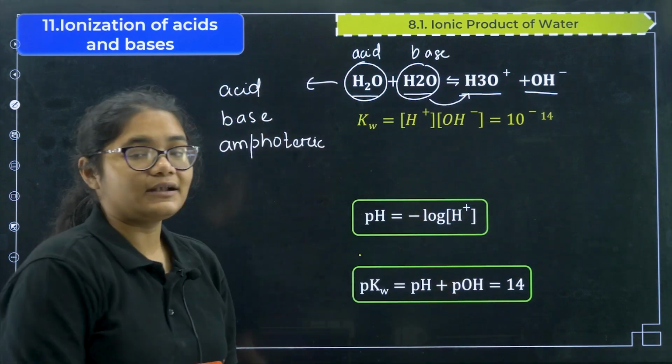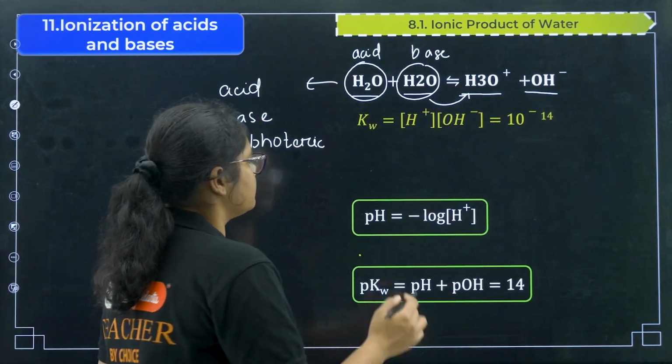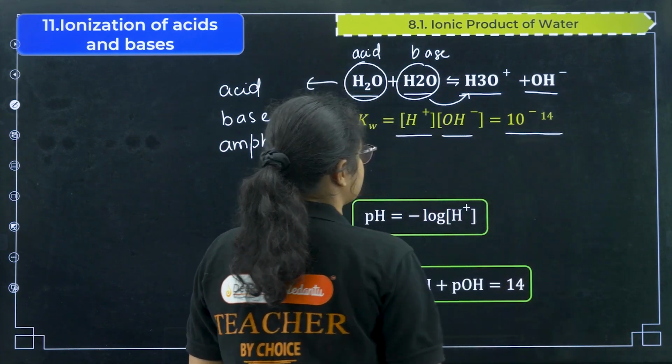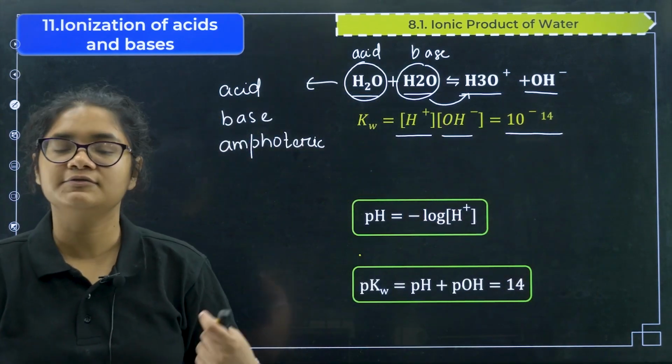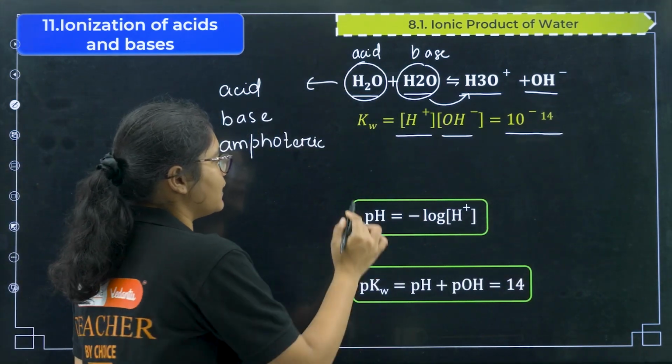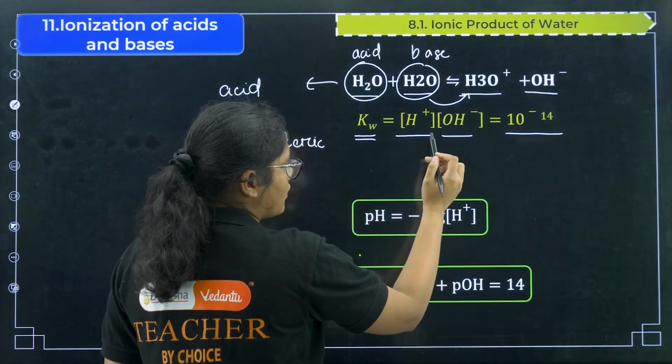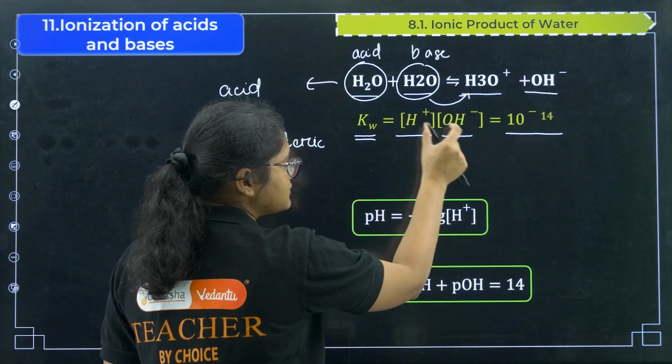At 298 Kelvin you will find that the product of H plus and OH minus concentration is 10 to the power of minus 14, and that is nothing but Kw. We call that the ionic product of water, meaning the product of the ions of water.